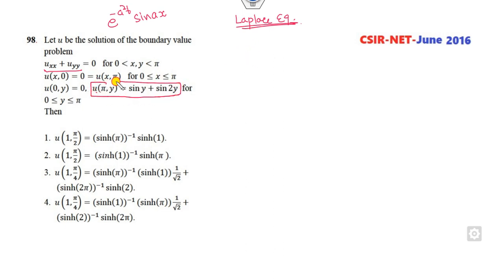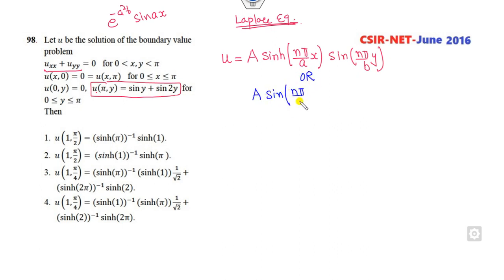Whenever you have the Laplace equation, your solution will be of either this form, sine hyperbolic n pi x over a, sine n pi y over b, or your solution will be sine n pi x over a and sine hyperbolic n pi y over b.